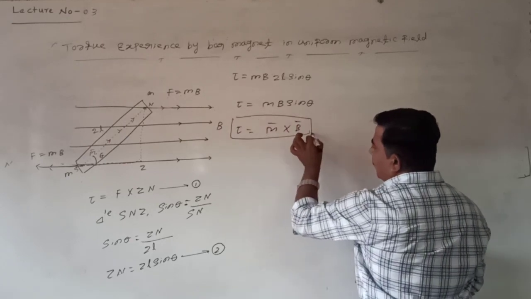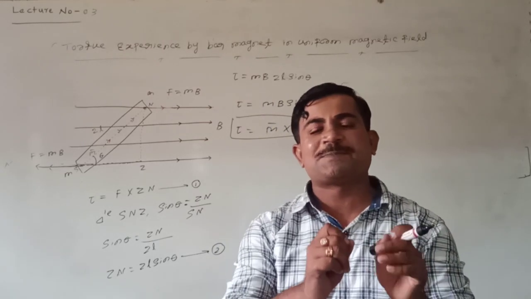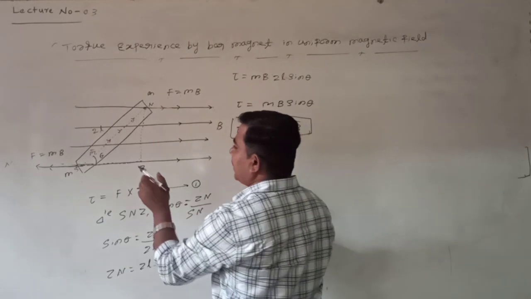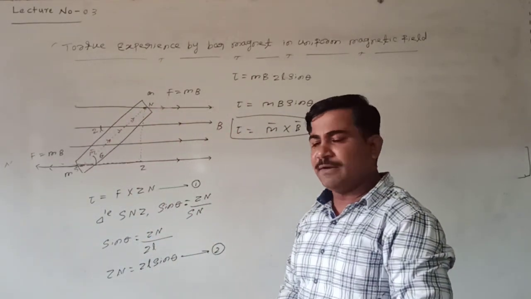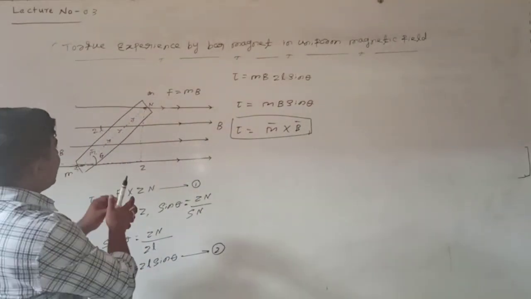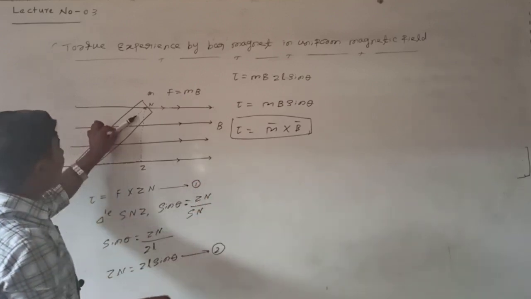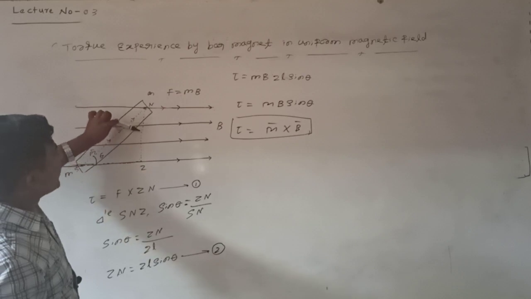So when a bar magnet is placed in a uniform magnetic field, it experiences torque. Due to this torque, this bar magnet tries to rotate along the direction of the magnetic field. How does it rotate? Actually, this is the south pole, this is the north pole. In presence of this torque, this dipole or bar magnet tries to rotate in this direction.